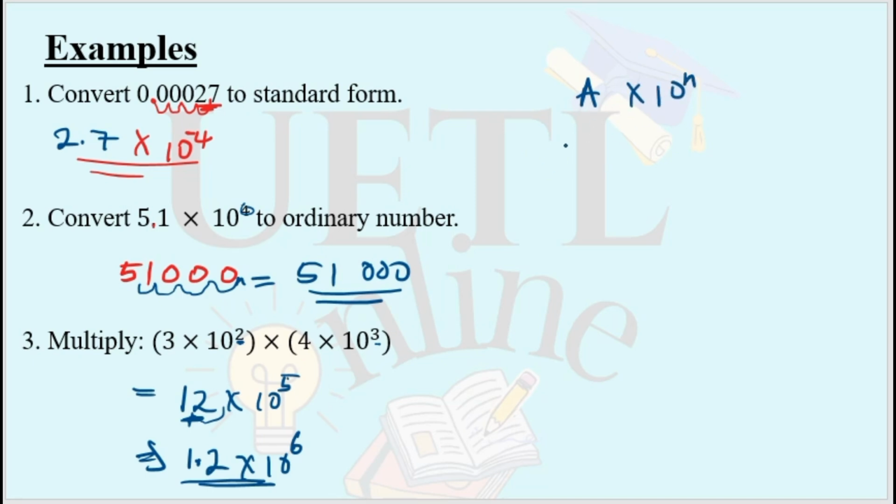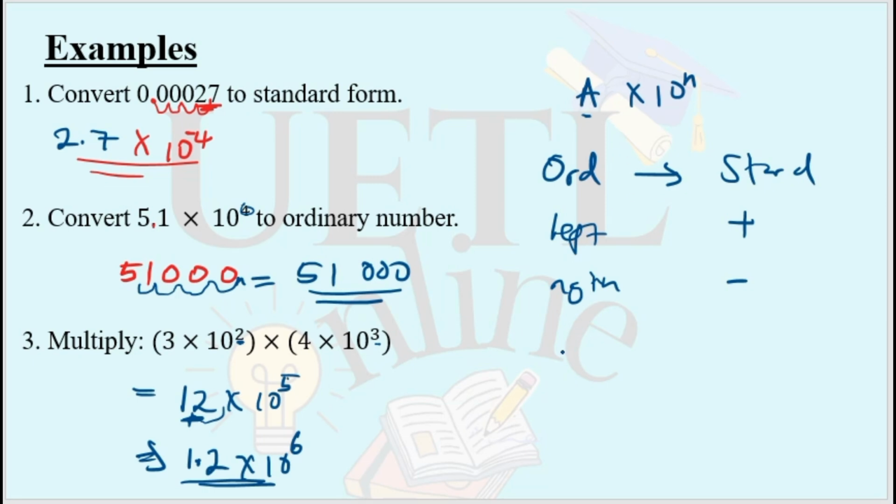When you are changing from ordinary to standard form, you are trying to make sure that a is between 1 and 10. If you move to the left, you are going to get an n value which is plus. If you move to the right, you're going to have n as minus. This is how you master these two.